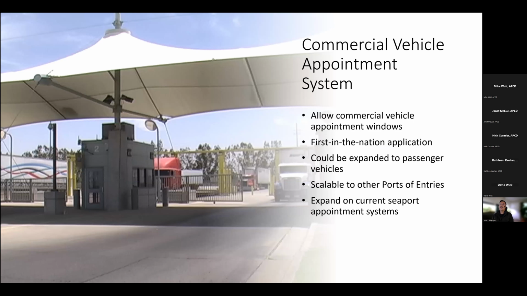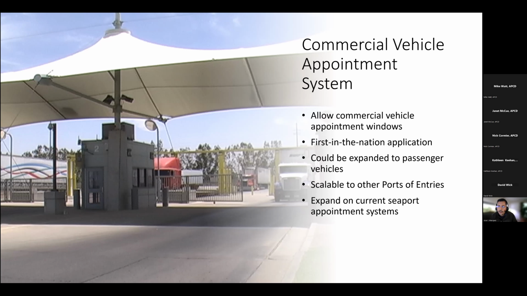And we are trying to follow the steps that the seaports have. As you know, right now, if you want to access any of the seaport terminals at the ports of LA and Long Beach, you need to have an appointment. This is the PierPASS system, and it has its challenges. We have communication with the Port of LA, and we know that the system is not perfect.